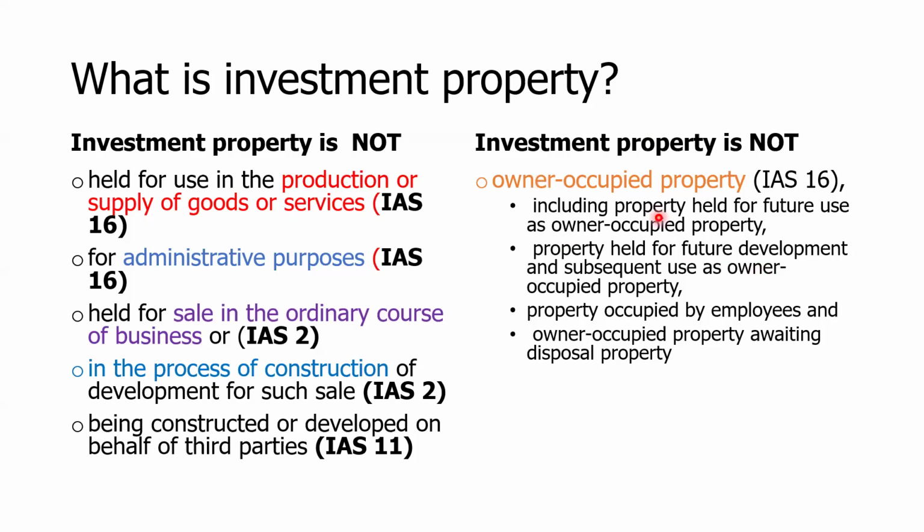Note that investment property is not an owner occupied. The next slide, I'll tell you what an owner occupied is. The standard has defined an owner occupied, so I'll take you through very soon. All you should pick from this slide is that investment property is not an owner occupied. And here I've given you the various uses of the owner occupied. They are all not investment property.